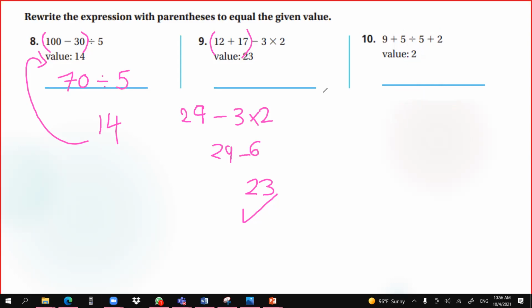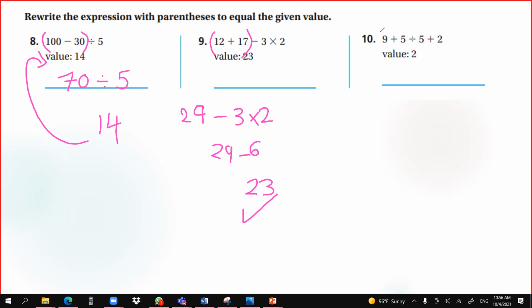Think about it now. Yes, I'm waiting. Malak, let's try 9 plus 5.